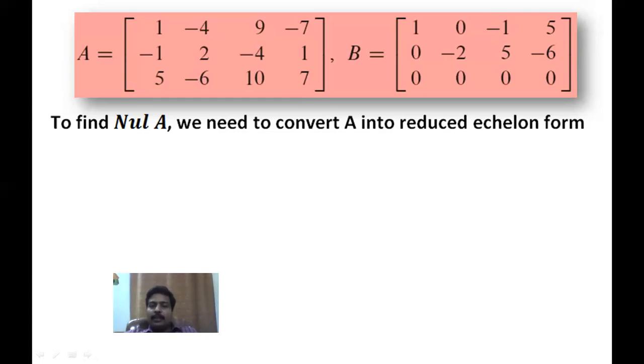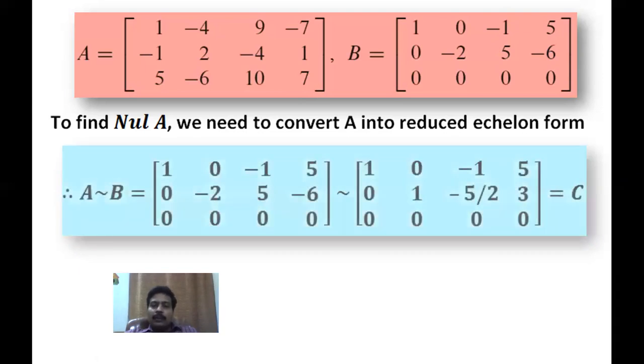So just by multiplying the second row by minus 2, I will get this, which is in reduced echelon form. So let us denote it by C. Now C is the reduced echelon form of matrix A.